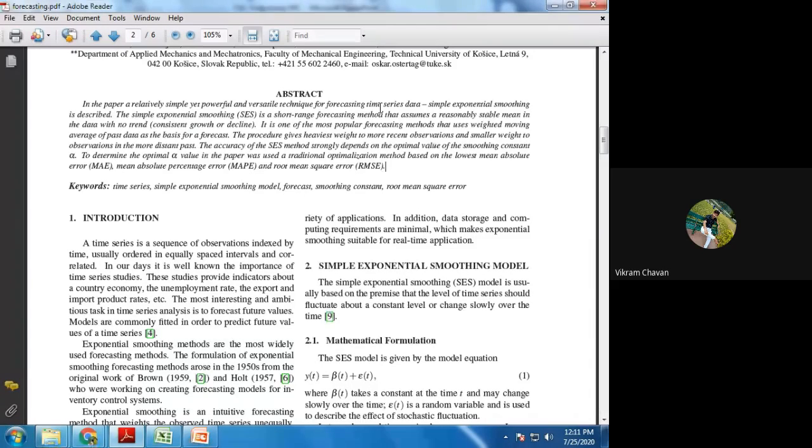Yes, sir. Onkar 21. 30 Abhishek. 31 Chaitanya. 34.